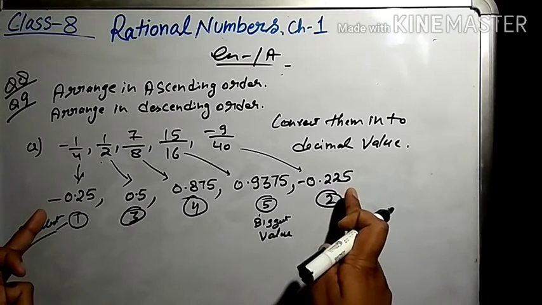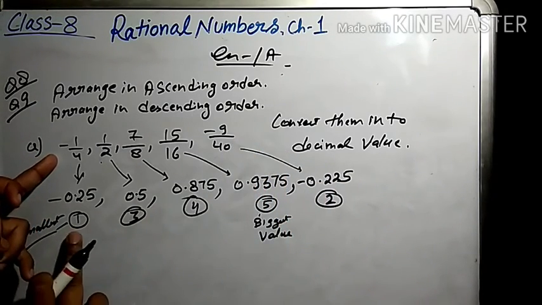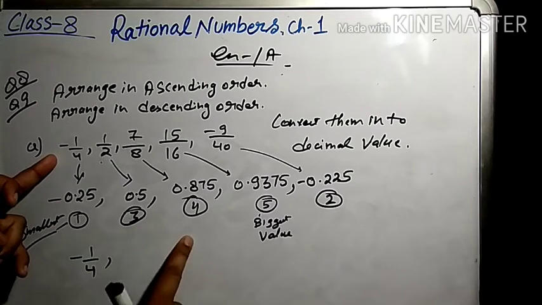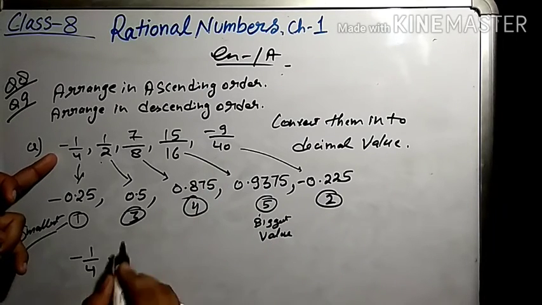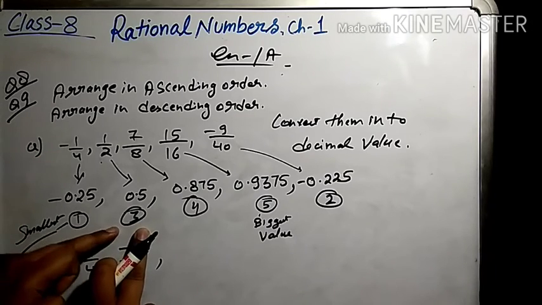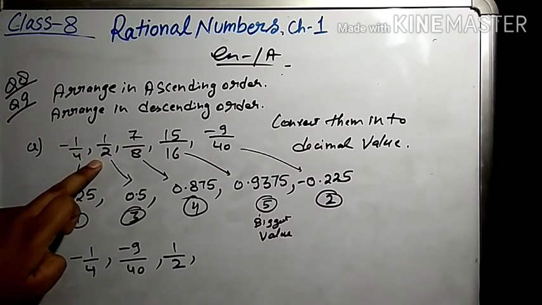Now, by comparing these with the given rational numbers, we can write the first one, that is minus 1 upon 4, comma. Then the second one, minus 9 upon 40, comma. Third, compared with 1 upon 2, that is 1 upon 2, comma.